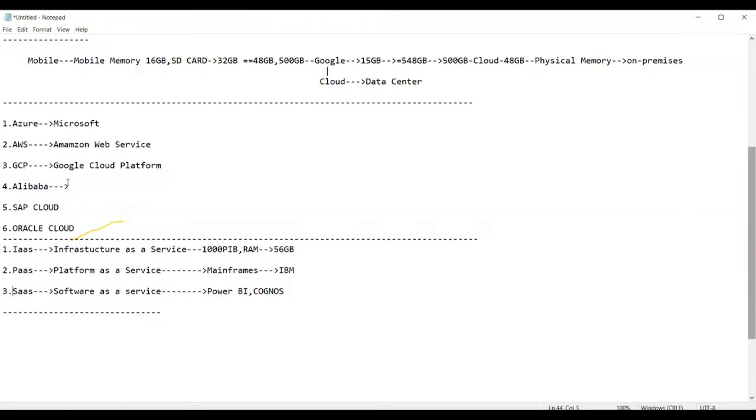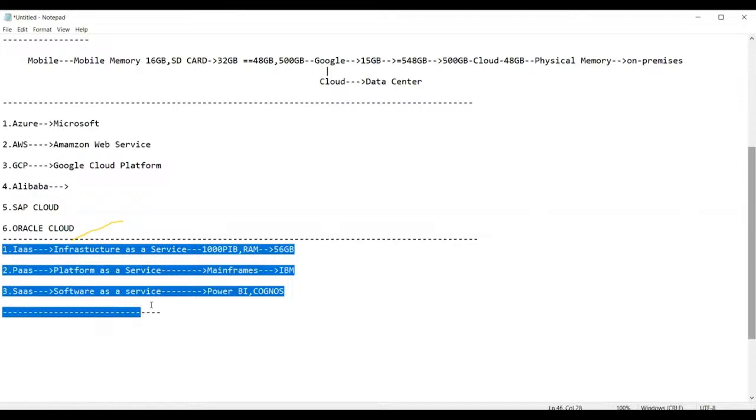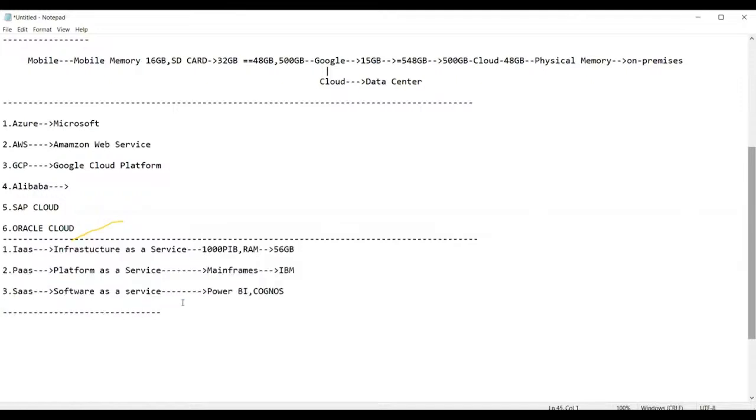So these are the three categories of services we have. The cloud providers have divided their service based on these three categories, and based on these three categories only they are going to bill you. It is as simple as, guys, simply you log in. You have the OTT platforms, Amazon Prime, Netflix, etc. What you will do, you will enter your mobile number and a password.